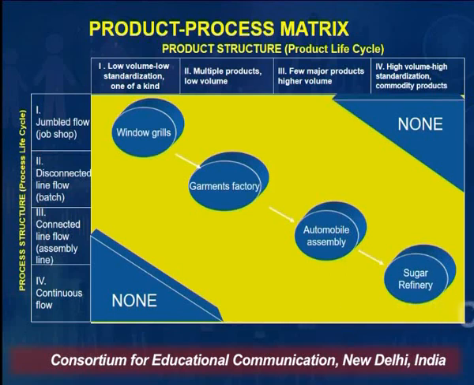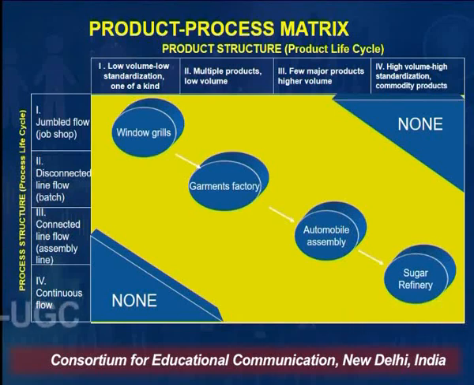Then next comes products following a batch technology. Let's say a garment industry. A garment factory follows a batch kind of production, so the volume is now more than a job shop.